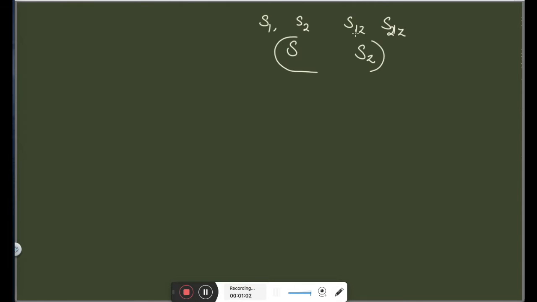S1 and S1Z lie in one subspace, S2 and S2Z lie in another subspace, and you combine these two spaces to find a total space to explain the states of two such systems, each with spin S1 and S2 respectively.